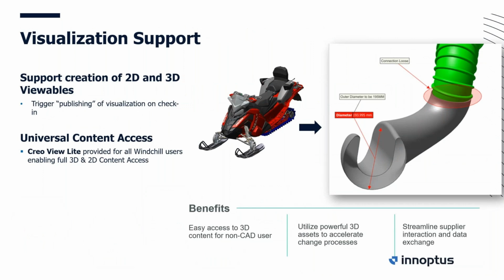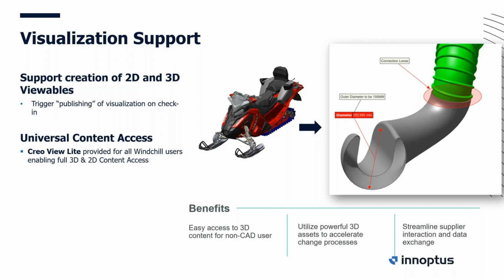And PTC Windchill also brings you visualization support, and this helps to distribute information to people in the organization who do not have access to CAD tools. So they don't have Creo or another CAD tool installed on their local PC.